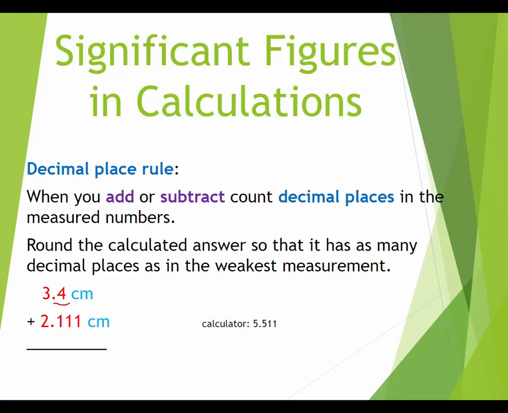Here I have 1 decimal place, 3 decimal places. So even though my calculator is telling me all of these digits, my answer, I want to round it to 1 decimal place, which means 5.5 centimeters. I kept the centimeter as is because this was addition, and I used 1 decimal place, the weakest link.